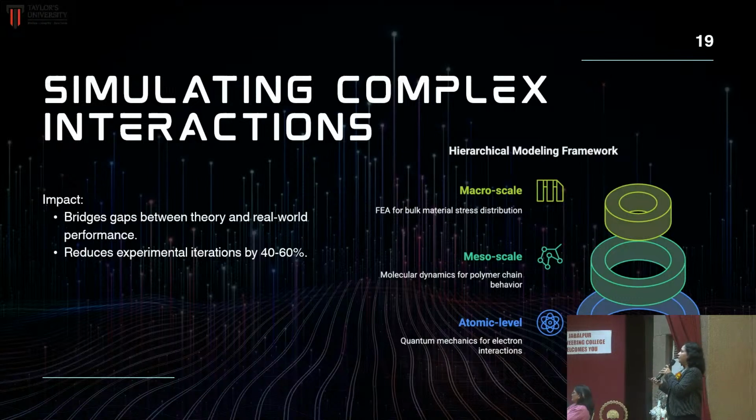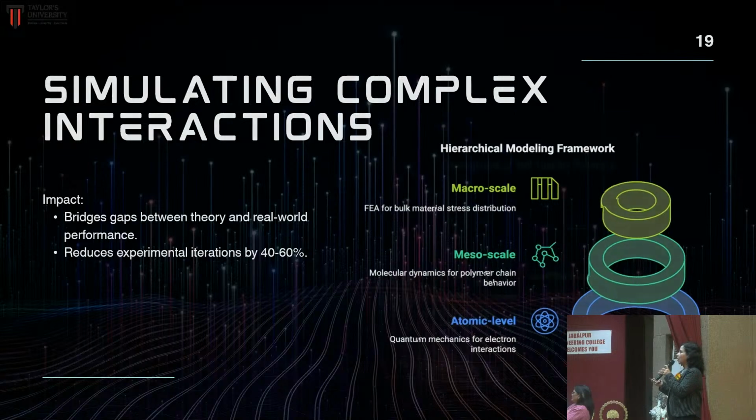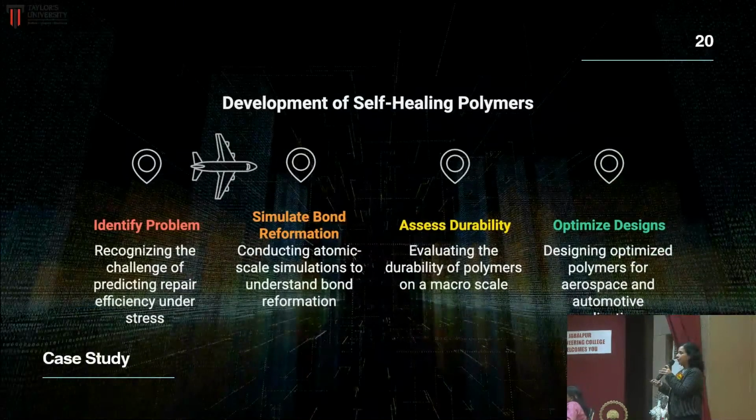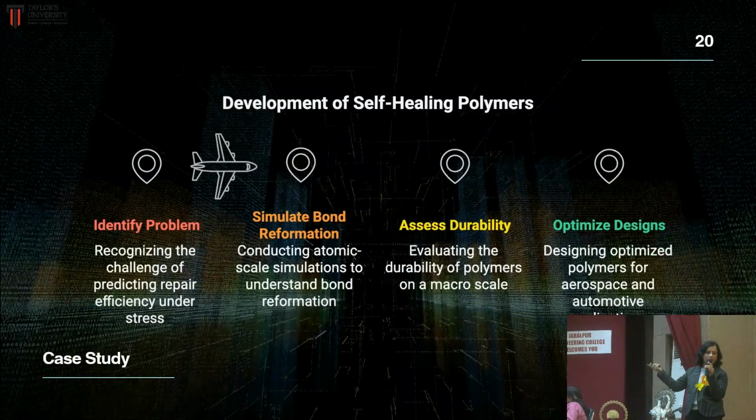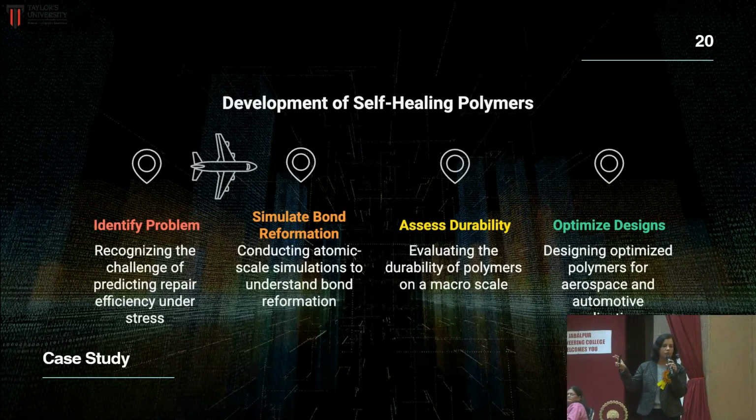Now, development of self-healing polymers. Again, we have a case study here. First of all, we have to identify the problem. That is, we need to recognize the challenge of predicting repair efficiency under stress. Now we are conducting this study considering a parameter that is stress.